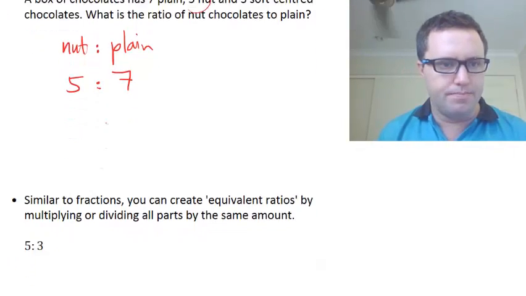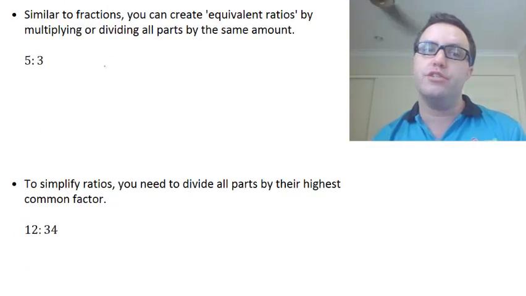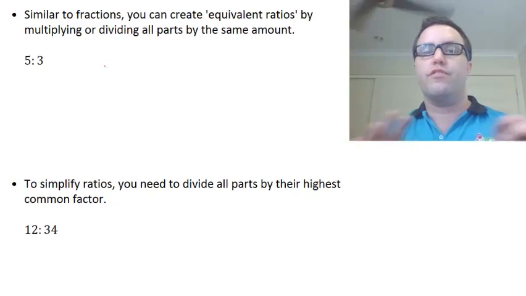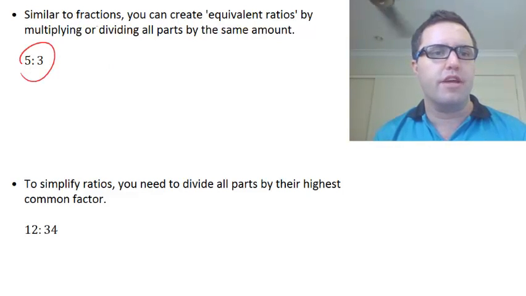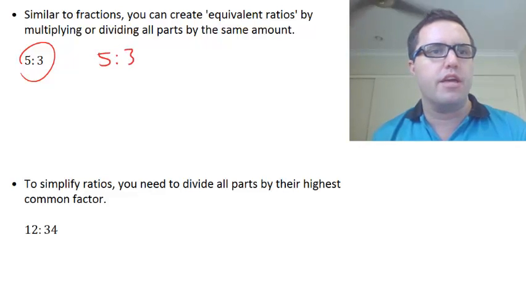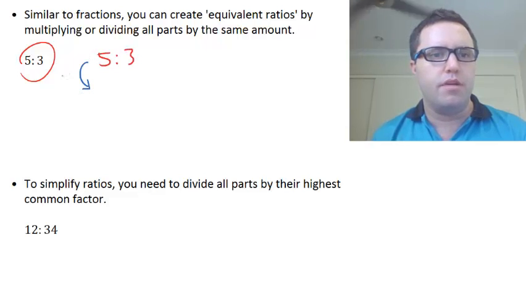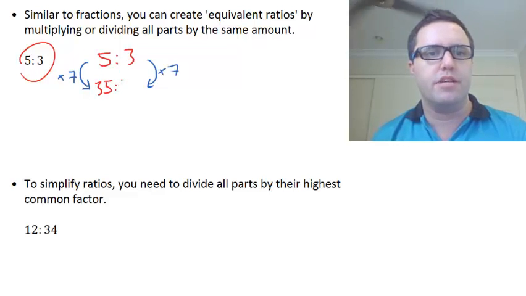Next, similar to fractions, you can create equivalent ratios by multiplying or dividing all the different parts by the same amount. If we have 5:3, I'm going to multiply this side by 7 and this side by 7. 5 times 7 is 35, is to 3 times 7, 21.